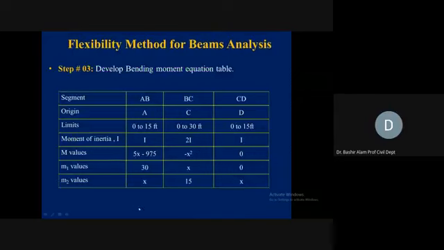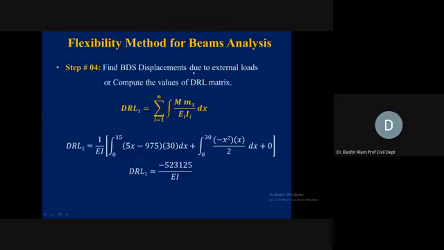The rest of the calculations will come out of these numbers. It will be the product of different combinations. Now we want to find out DRL. DRL1 will be equal to the integral of M times m1 over EI dx.